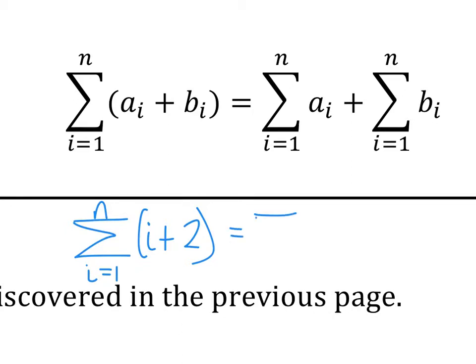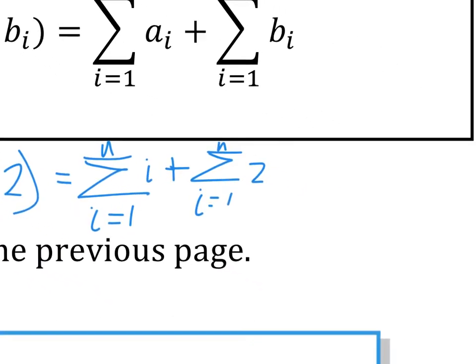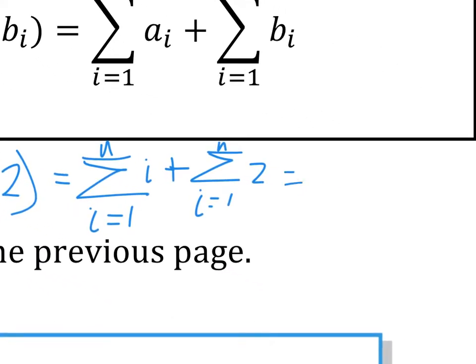This can be written as the sum as i equals 1 to n of i plus the sum of i equals 1 to n of 2. And if we want to write this out, this first part just becomes the summation of i, so it's going to be 1 plus 2 plus 3 plus 4 plus 5, and that's just n times n plus 1 over 2.